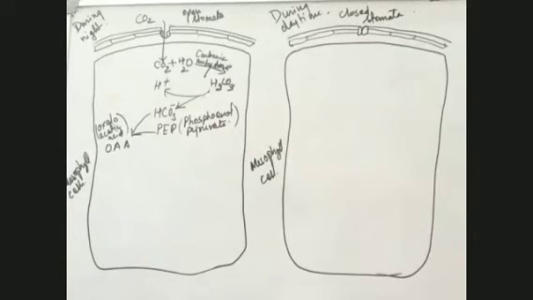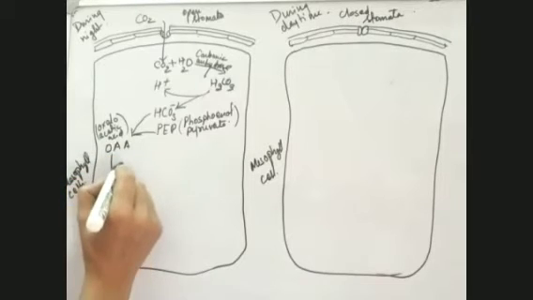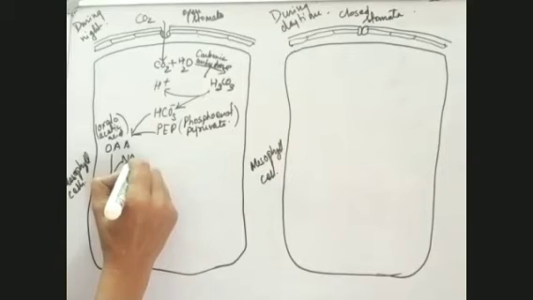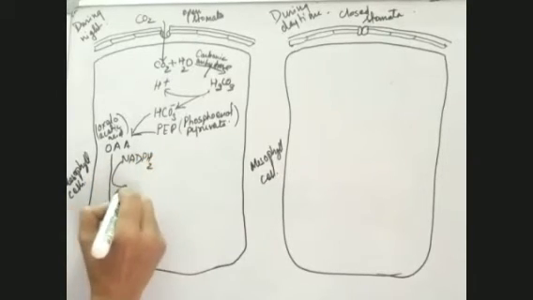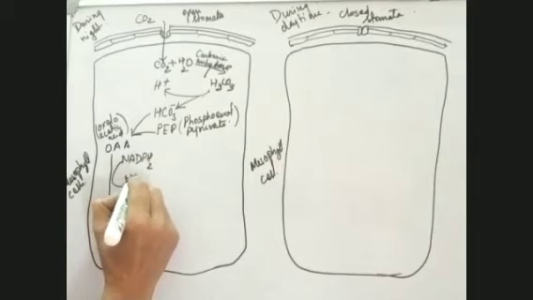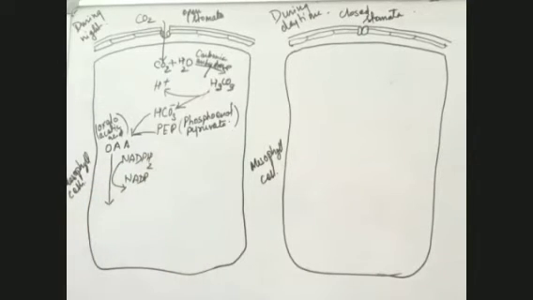Now this oxaloacetic acid utilizes one high energy compound, NADPH2, and what we obtain is NADP. It has been used up, and as a result malic acid is formed. This malic acid is a 4-carbon compound.